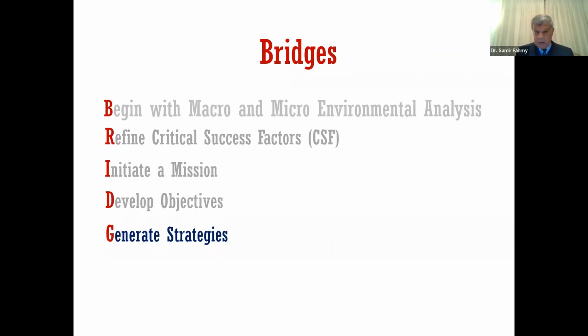So strategy is how to do what you already need to accomplish. So again, the big headline for objective is what you look for to be accomplished. For the strategies, it's how you will work out the objectives to make sure that they will be accomplished.